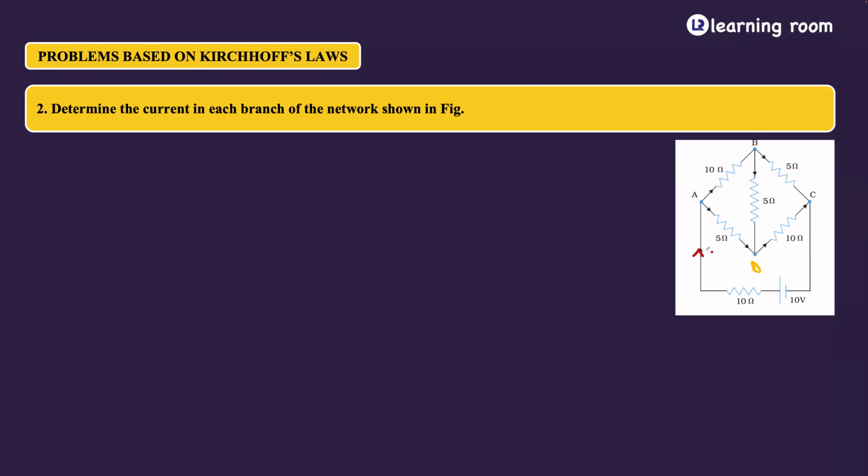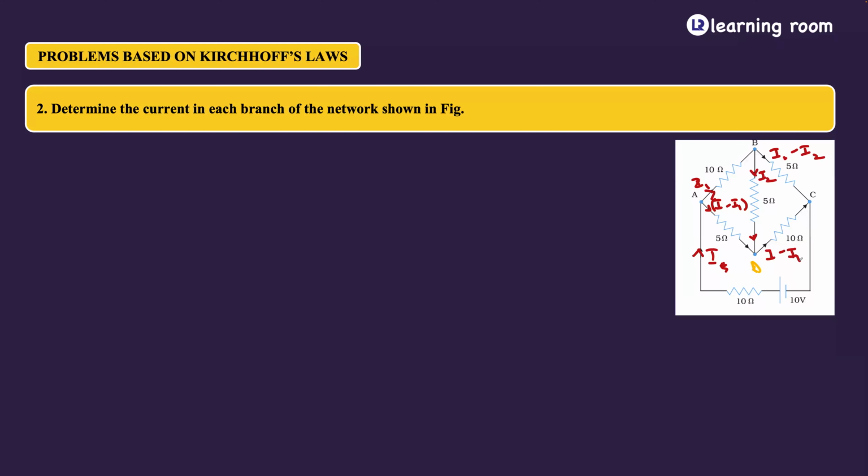The current supplied by the battery is I, and it is getting split as I1 and I minus I1. So I1 is going here as I2, then how much is the current here? I1 minus I2. Right? I minus I1 is coming here. So how much will be the current here?